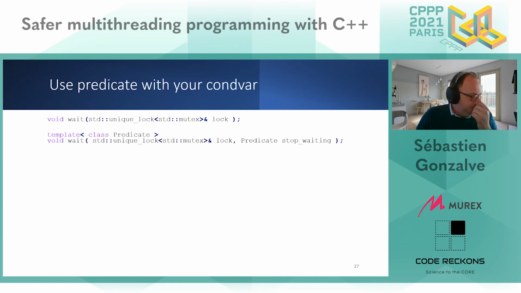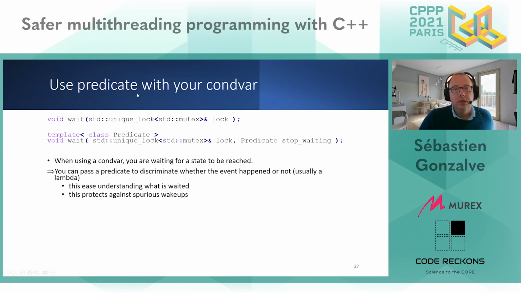Usually with a condition variable, you call the wait function in some way at some time. I really recommend you use the predicate signature. This one is just waiting, holding the lock. But the problem is this function may have spurious wake-ups. It means that the OS may wake you up at any time for any reason while it was not really signaled.